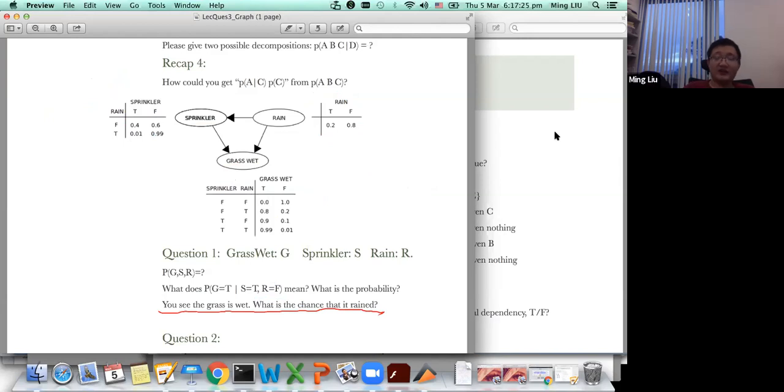What is the chance that it rains? So what's the problem we try to solve? Can you write it in the window, and then you can do the computation. Can we deduce the probability equation from the directed graph?